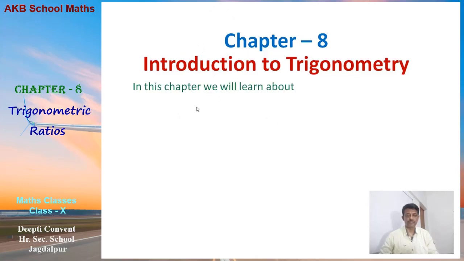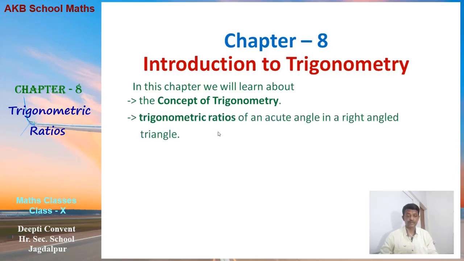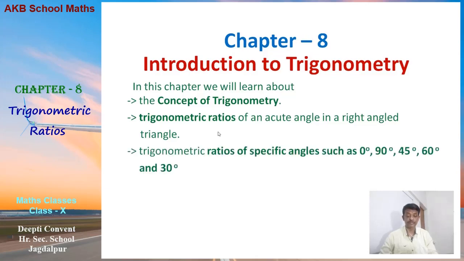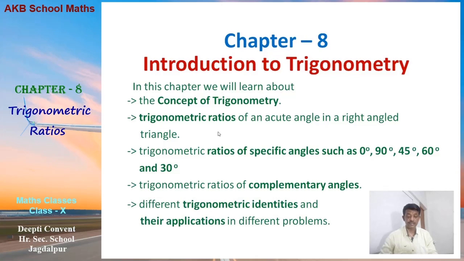In this chapter, we will learn about the concept of trigonometry, trigonometric ratios of acute angles of a right angle triangle, ratios of specific angles 0 degree, 90 degree, 45 degree, 60 degree, 30 degree, trigonometric ratios of complementary angles, and some identities and their applications. These will be the topics of this chapter.